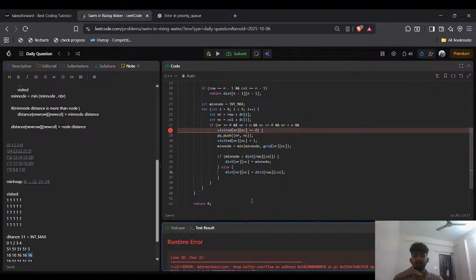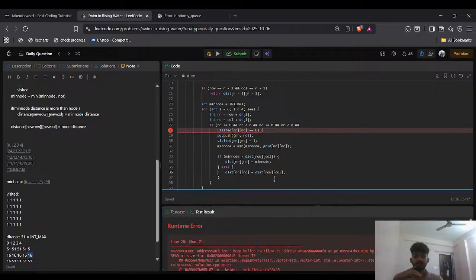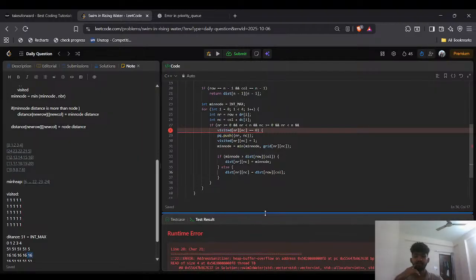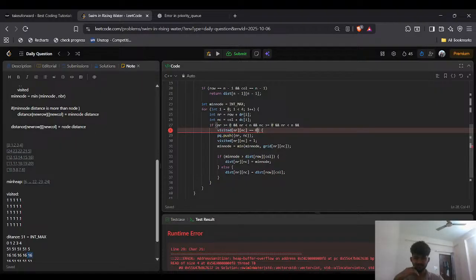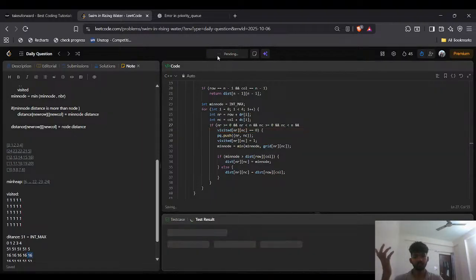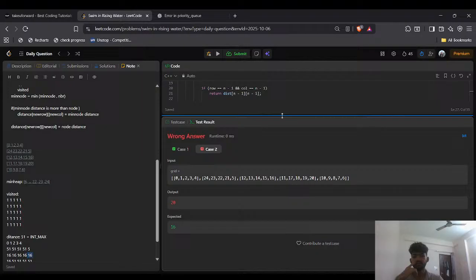I don't see an error. Overflows, of course. Wow. Come on.